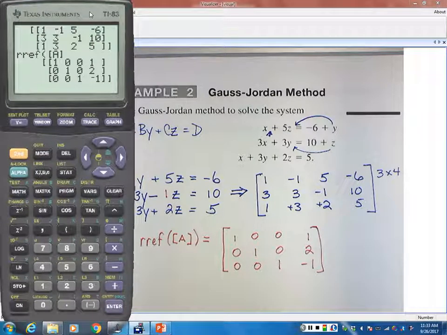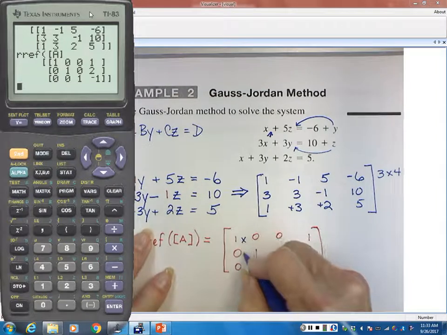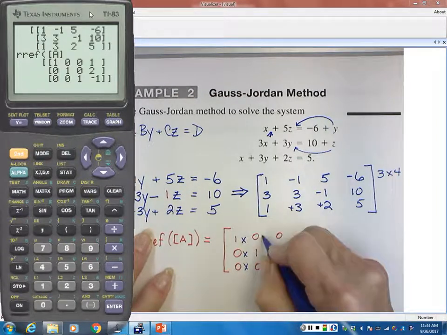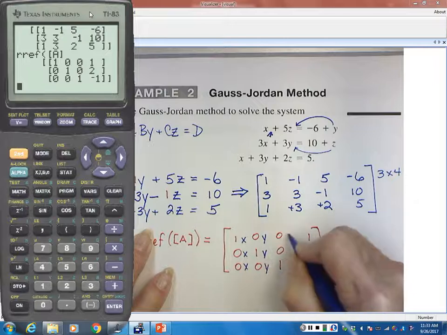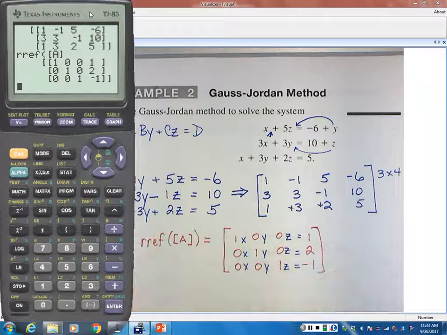And if I put the variables back in from the equation, these are the x's, these are the y's, this is the z's, and those are the constants.